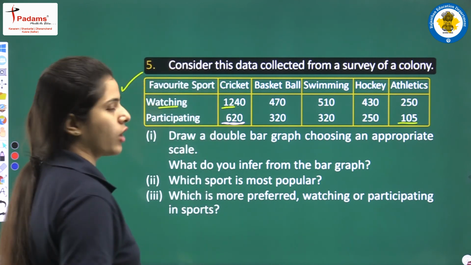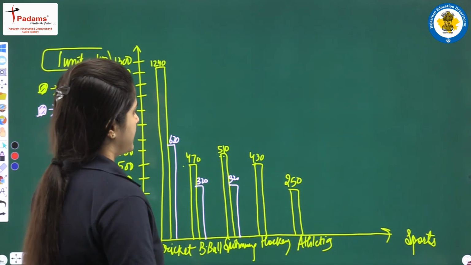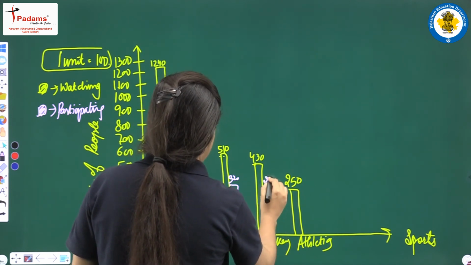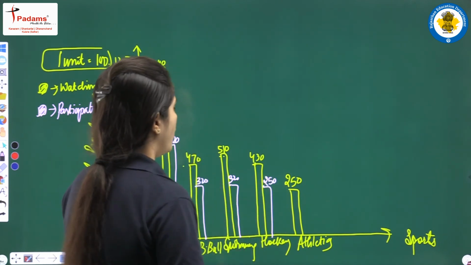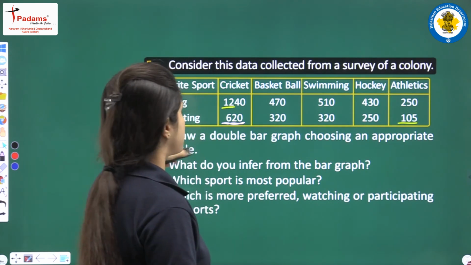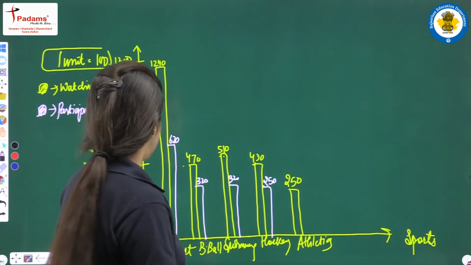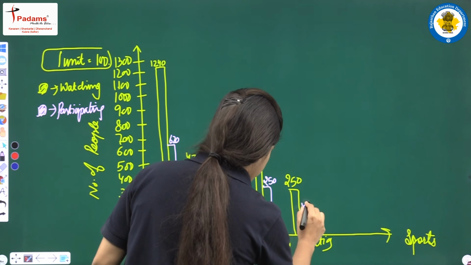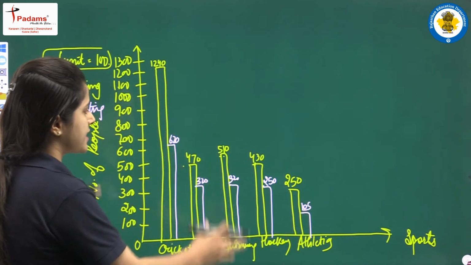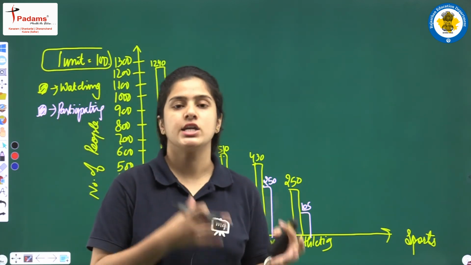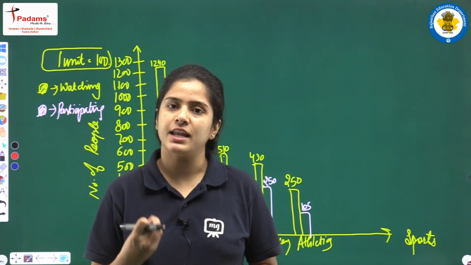Now athletics is participated by 105. So 105 is very close to this. So students, this is the double bar graph of the people who are watching and participating in any particular sports.